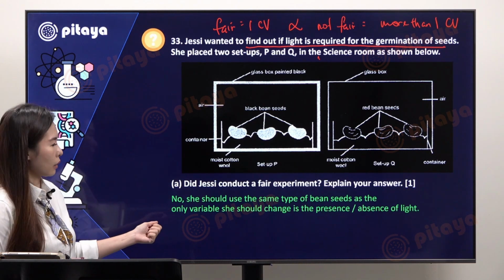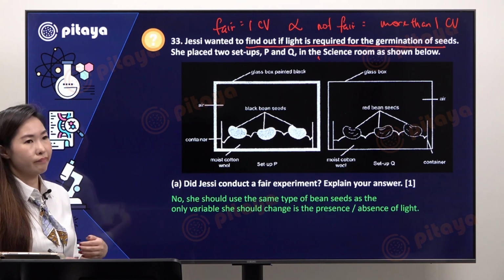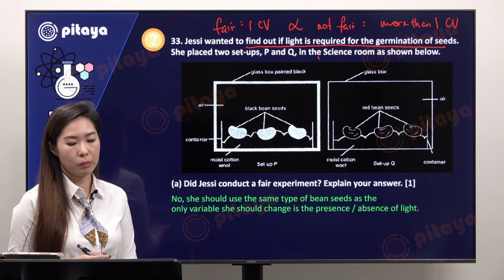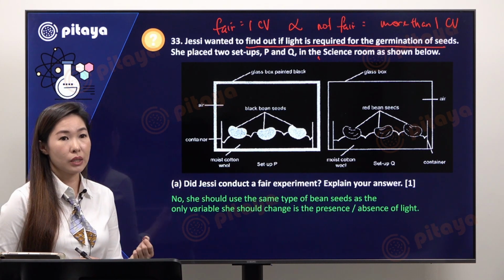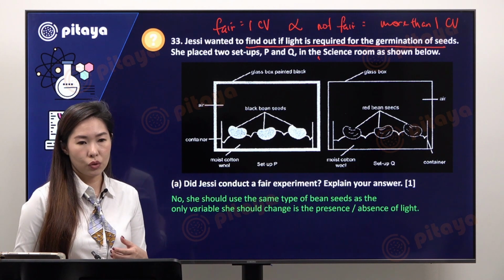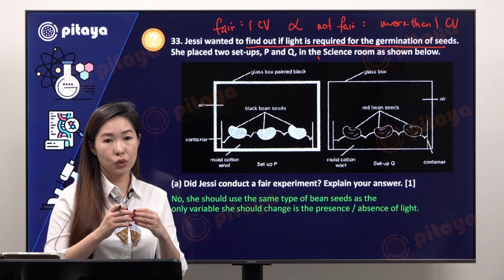So for this answer, they are phrasing it as giving a solution for how it should be made fair. But if you're explaining to the question why it is not fair, then you have to state the actual reason.